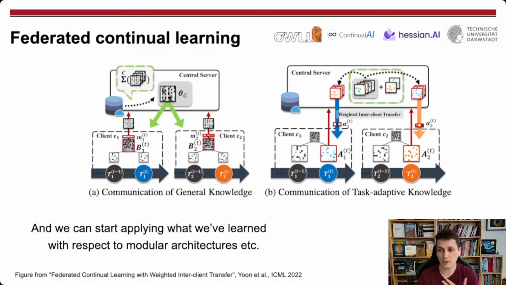And then of course we can share these task adaptive parameters with other clients as well, if it turns out that you need them in a new task, and so on.